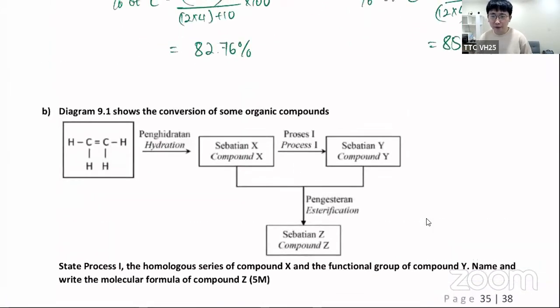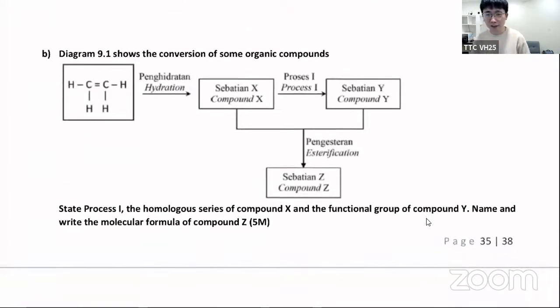Okay, moving on. We have a flow chart again. Hopefully this flow chart has no problem. Okay, maybe I'm the problem. State process one. Then the homologous series of X, functional group of Y, and name with the molecular formula of Z. So we have C2H4 here, guys. Obviously, this is ethene.